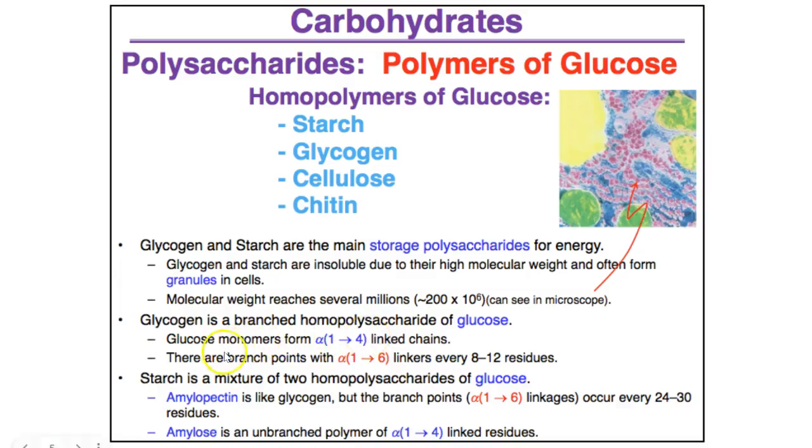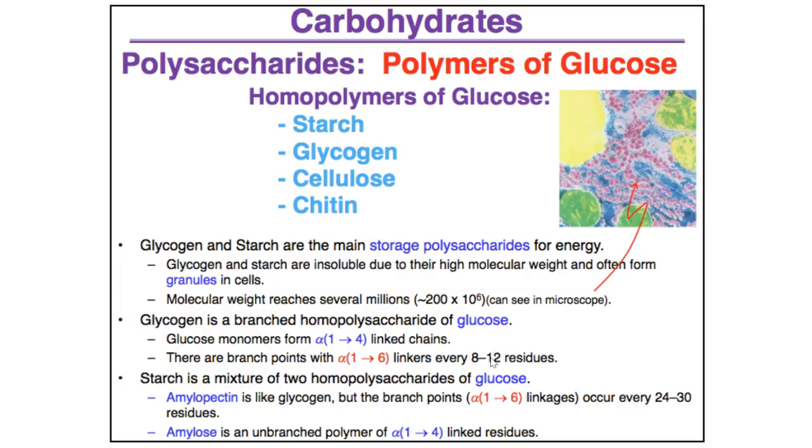And then there is a branch point where the anomeric carbon is linked to the sixth carbon of another glucose monomer, and this linkage happens every 8 to 12 residues.